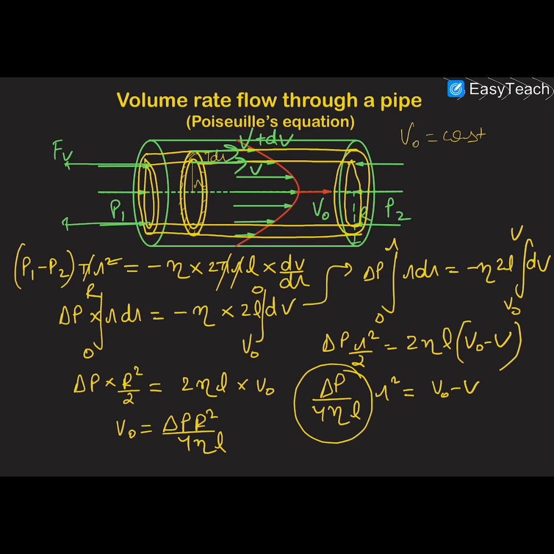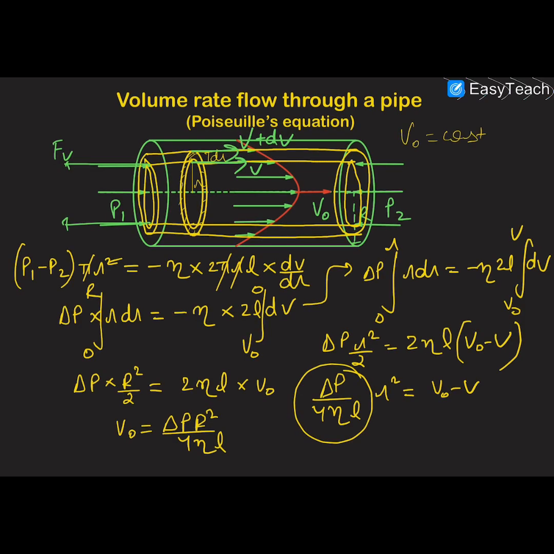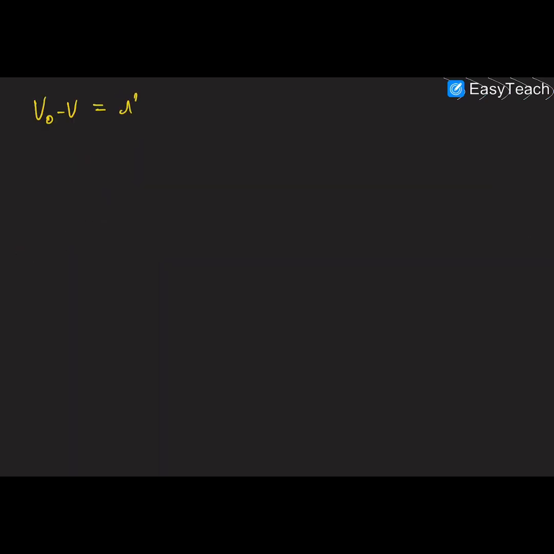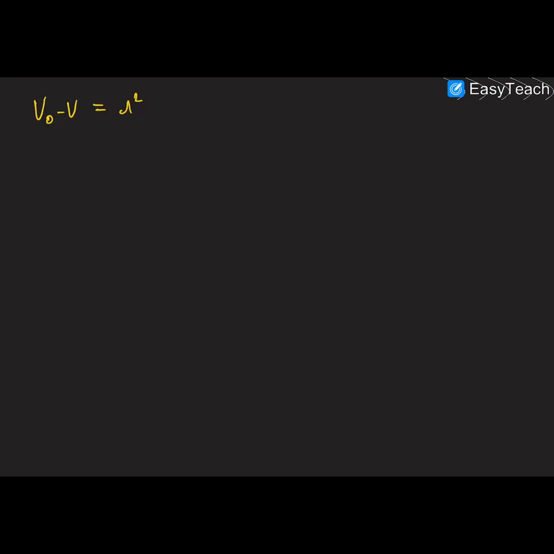So we can say that v0 minus v is equal to r square into v0 by capital R square. So v is equal to v0, which is common, into 1 minus r square by R square. This is the value of the velocity of flow at a distance of r from the axis of the cylinder.